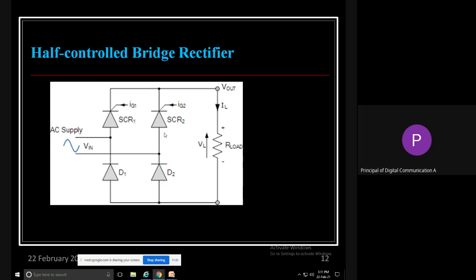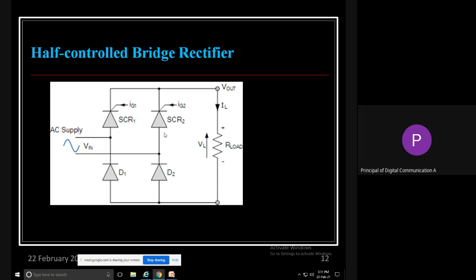So when the positive half cycle is there, SCR1 and D2 will be in forward bias, is it? That is the current is going to flow through SCR1, through load and through D2. At the same time, as obvious, the SCR2 and D1 are going to be in reverse bias. But as the current is going to flow, is only SCR1 getting forward biased enough?